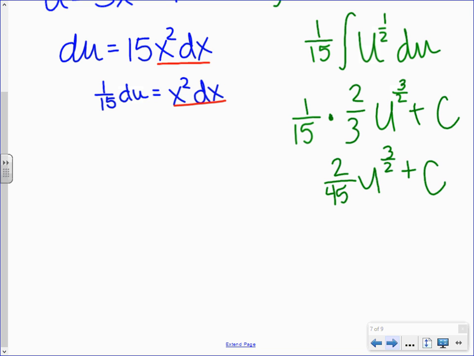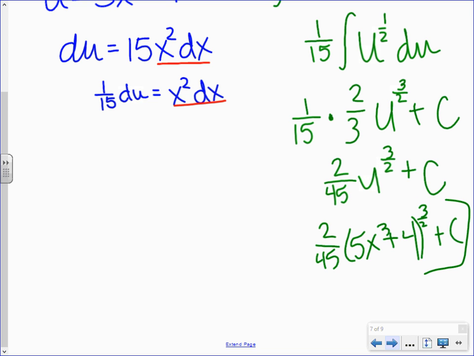And of course, I do not want you to leave it in terms of u. I want you to change it back. u is 5x cubed plus 4. So we're going to write this as 5x cubed plus 4 to the 3/2. There's our final.